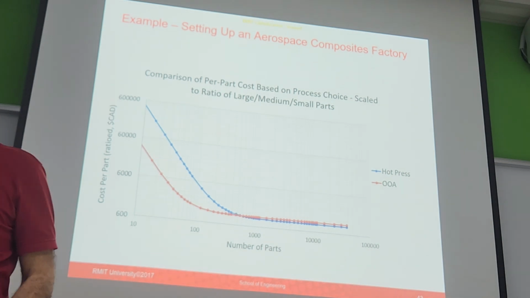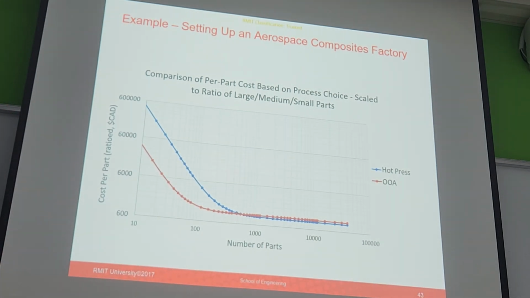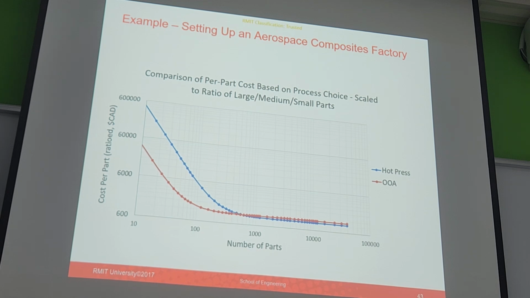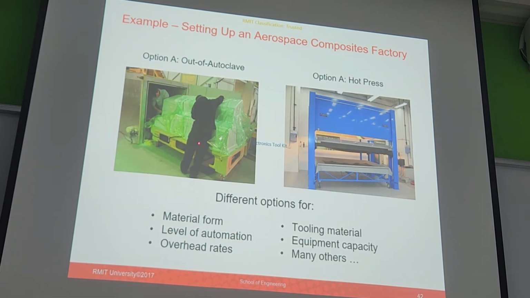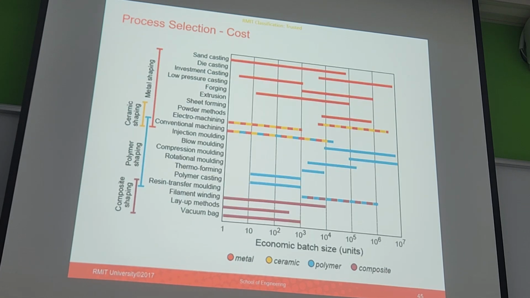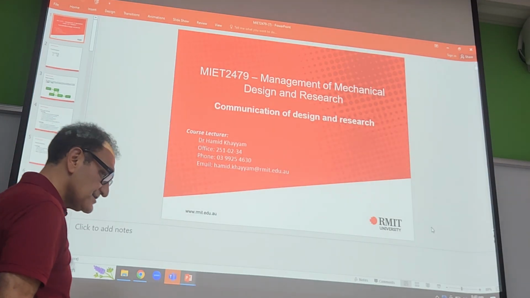So again, you have to tell your company how many parts we need from autoclave or hot press, and you have to find how much it costs. So this finishes another subject.